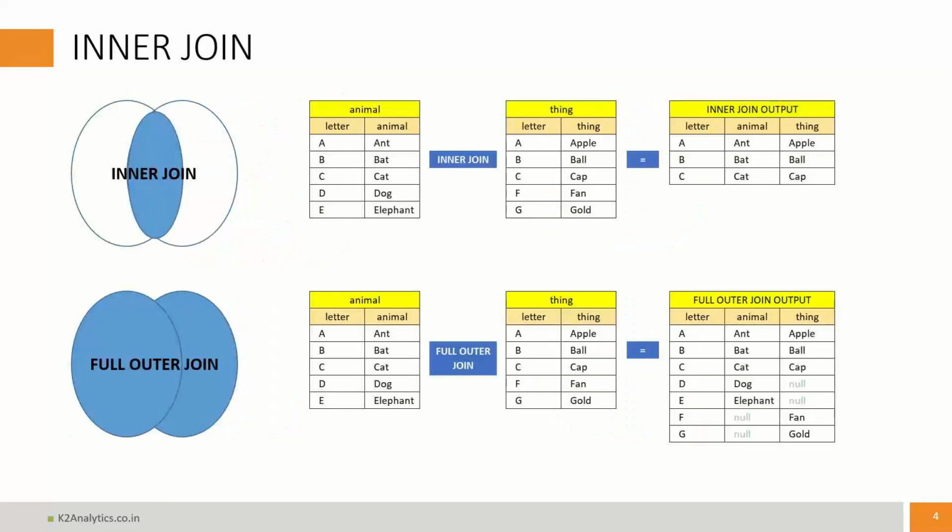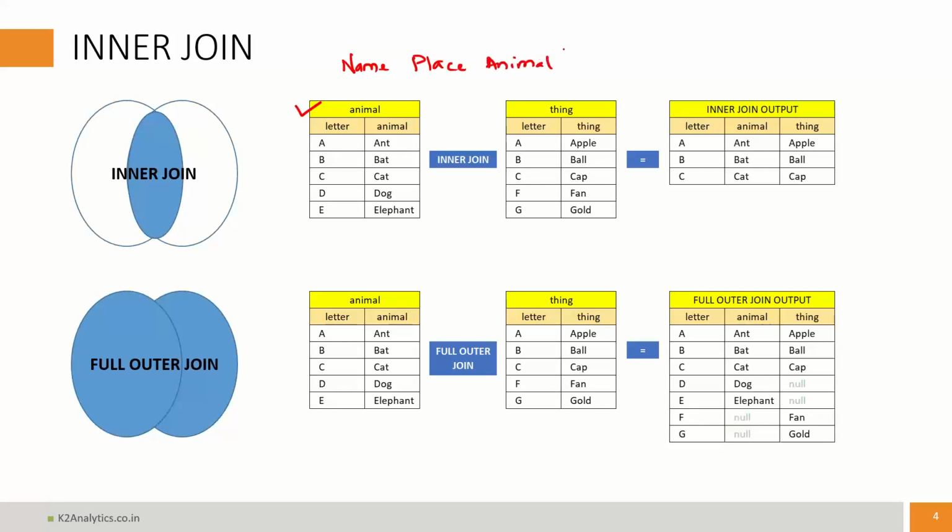To make things clear, let's take one example. This is a table animals which has values alphabets A, B, C, D, E, and for each alphabet the table has the animal name. I want to do an inner join with another table thing. So basically in childhood days we would have played the game name place animal thing, right?